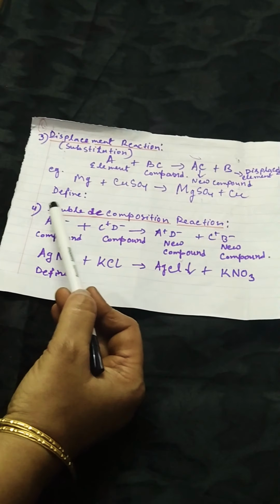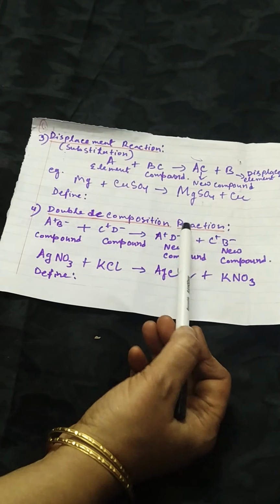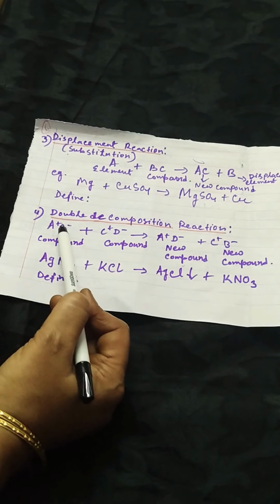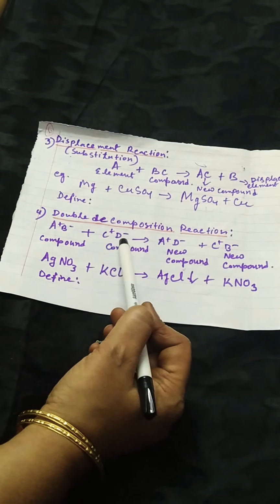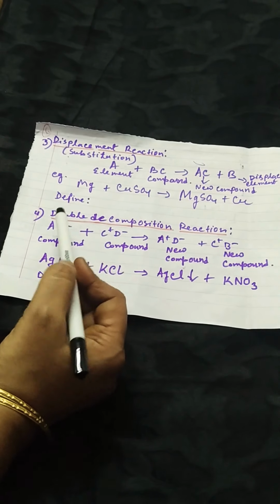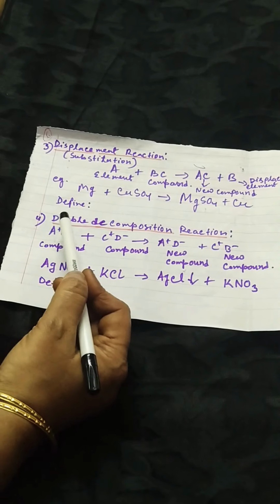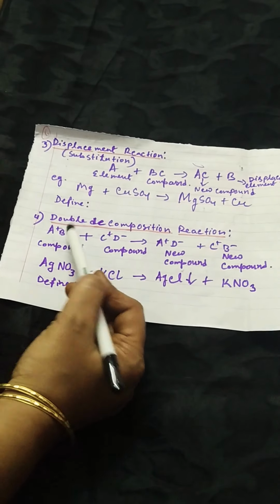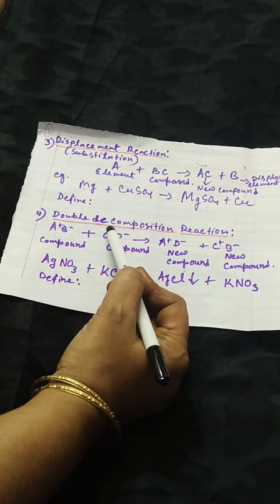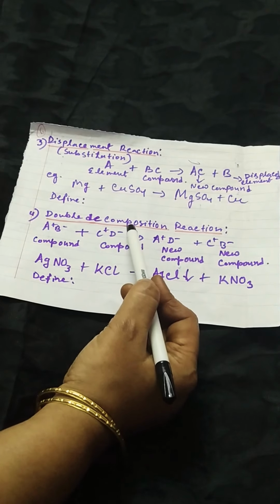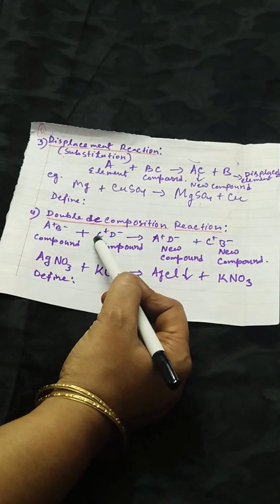Then fourth type is double decomposition reaction. Here AB is one compound. It is reacting with another compound CD. A has one positive part A plus and B the negative part B minus. CD has one positive part C plus and D minus is the negative part of CD.